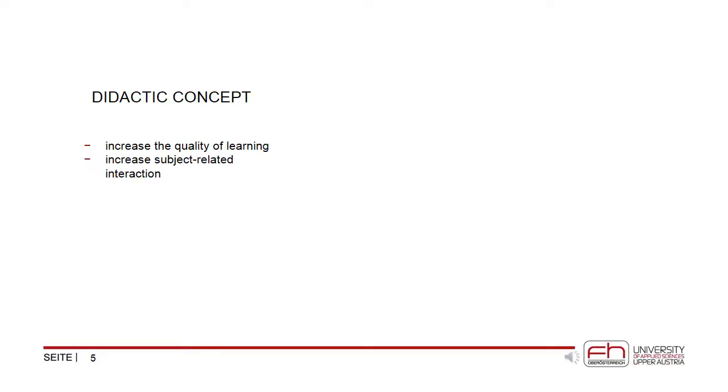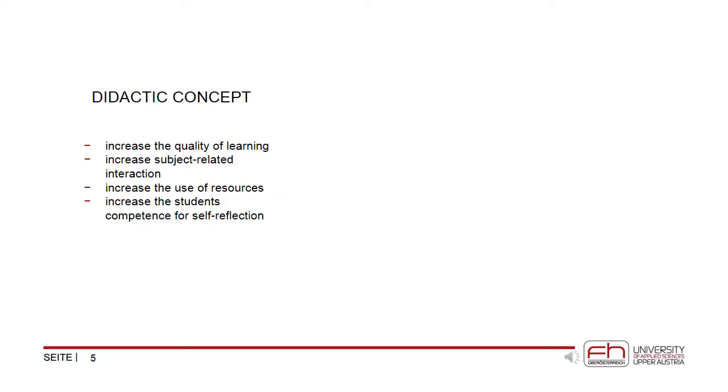For this reason, a didactic concept from the integrated course Intercultural Communication of the University of Applied Sciences Upper Austria is presented here. It demands precisely this kind of critical engagement and thus has the potential to increase the quality of learning, subject-related interaction, the use of resources, and above all, the student's competence for self-reflection.